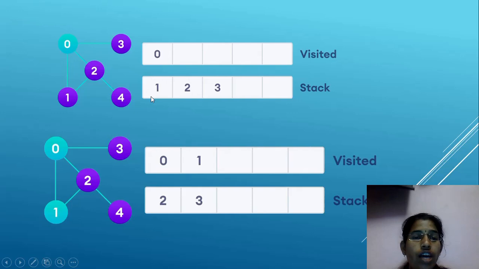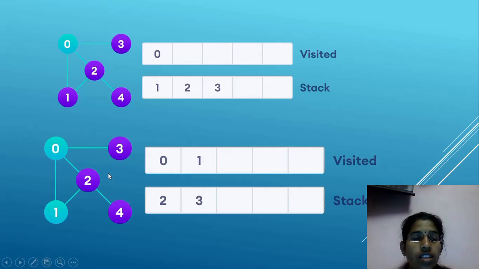Next I want to visit node 1 because node 1 is the top of my stack. So I visit 1, and after visiting, node 1 is pushed into the visited list.